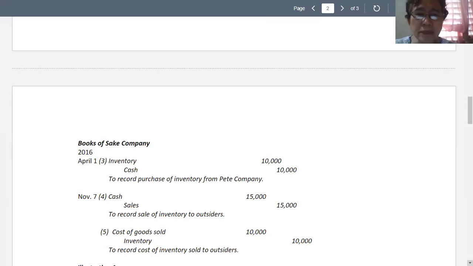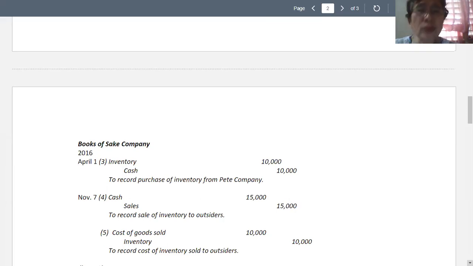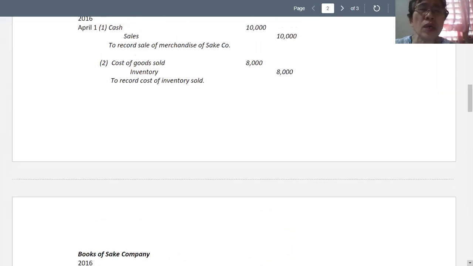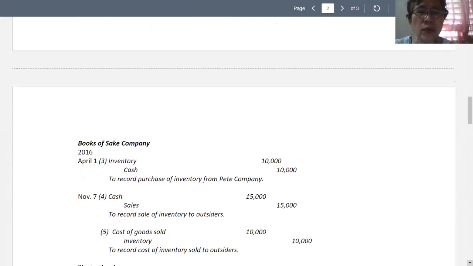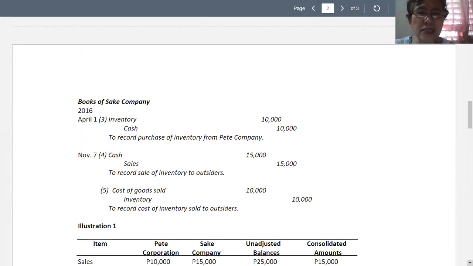At the same time, Pitt recorded a debit to cost of goods sold of only 8,000 and credited inventory, but SAIC, the subsidiary, is debiting cost of goods sold for 10,000 and crediting inventory.